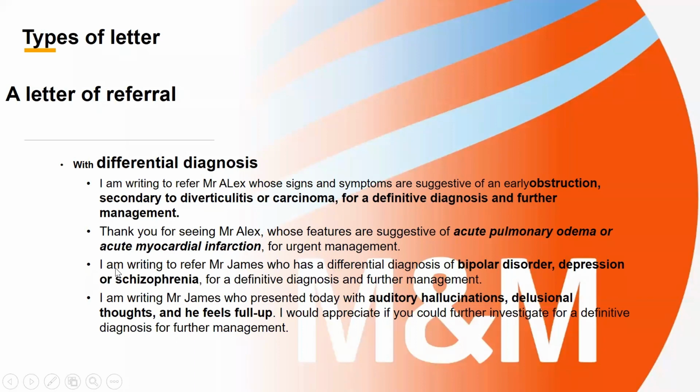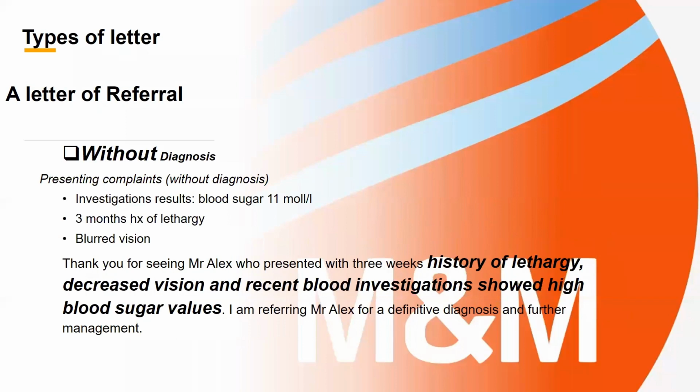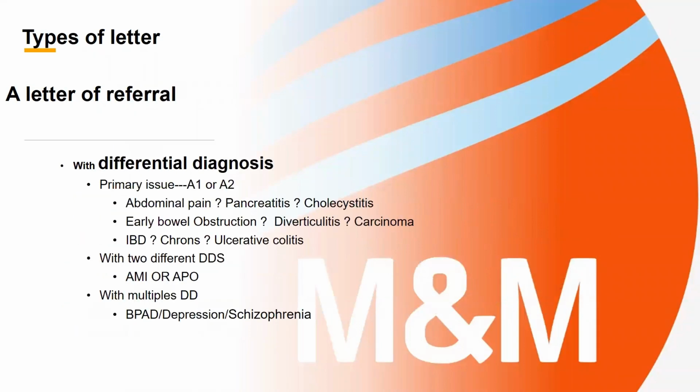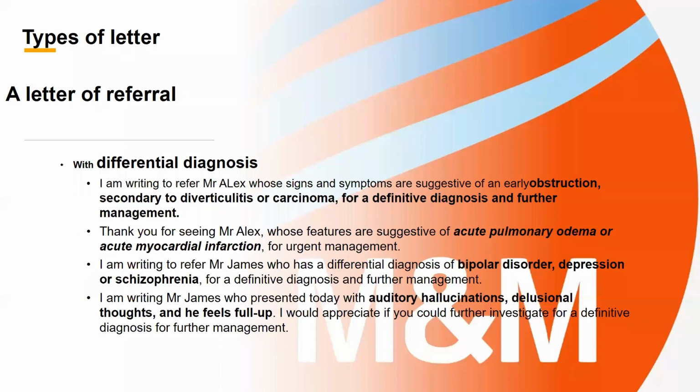Then we can see there, I'm writing to refer Mr. James, who has a differential diagnosis of bipolar disorder, depression, or schizophrenia for a definite diagnosis and further management. Right? So these are differential diagnoses that can be written in different approaches. So as you can see, there are 3 different types of referral: without diagnosis, with diagnosis, and differential diagnosis, right? So before we move on, there is some question the candidates are asking, so we can answer them.